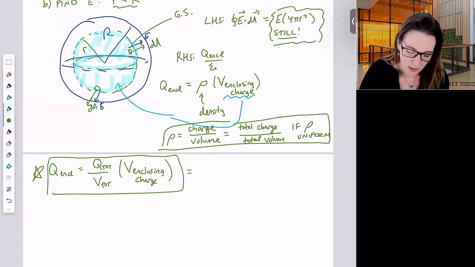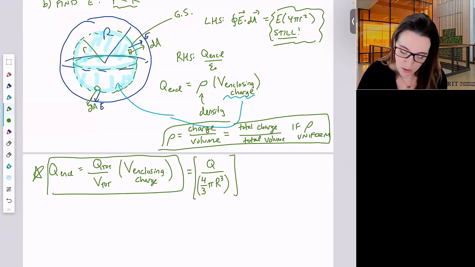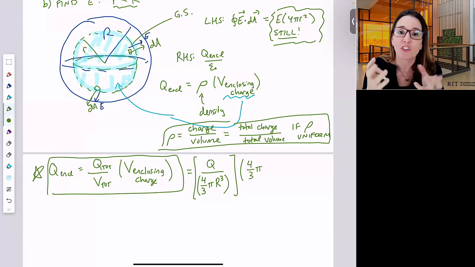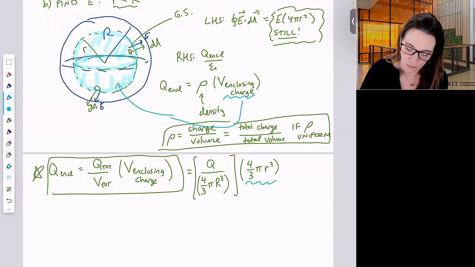And so what we end up with is Q over my total volume, which is 4/3 pi capital R cubed. That's the volume of my total sphere. That's my rho, times the volume enclosing charge, which is 4/3 pi little r cubed, because that's the volume of that shaded region.